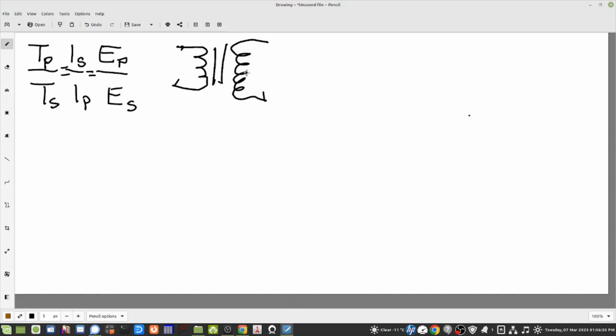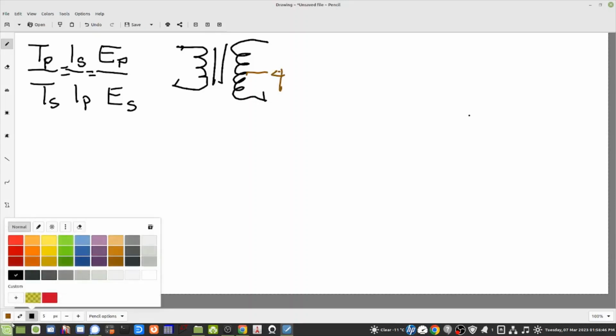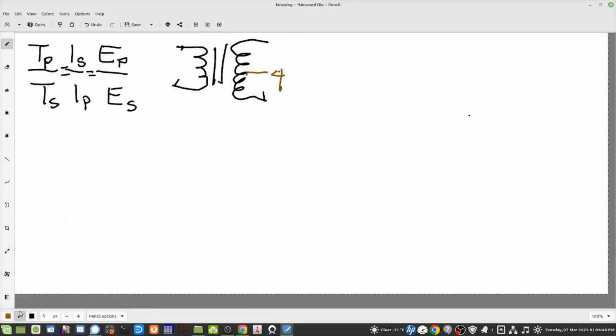On this transformer, we're going to have an extra tap. It's a 4 ohm tap. The transformer itself is an 8 ohm output. And here's our zero reference. Okay, this is the primary.